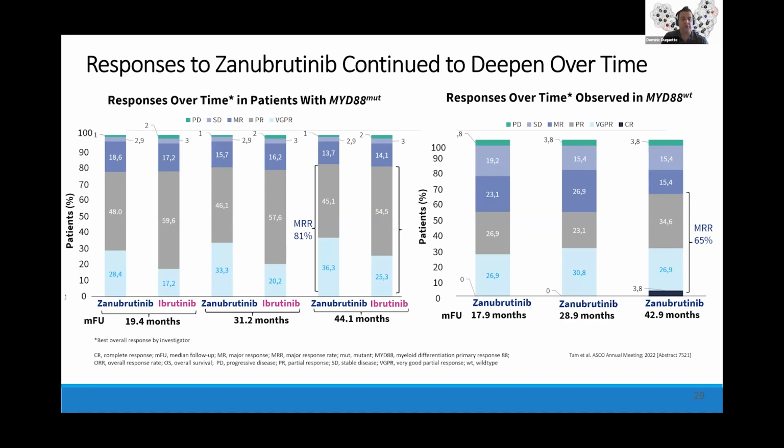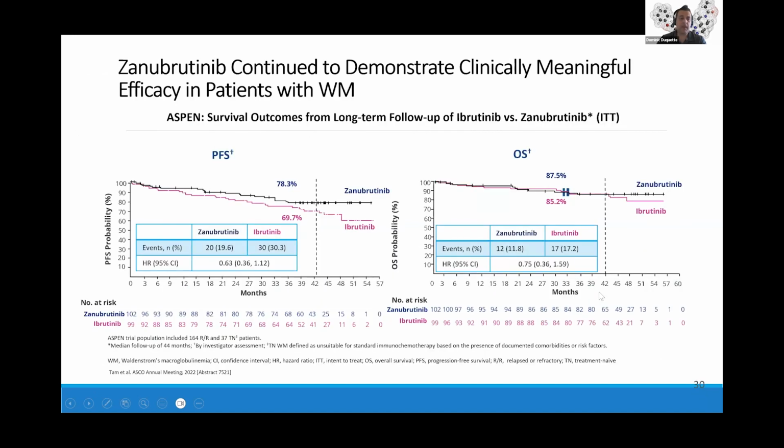Here are the results. So you can see over time, the best responses are on the bottom, and you can see that at each point, zanubrutinib did do better than ibrutinib. And even in the MYD88 wild type arm, we did have good response rates, and as I said, ibrutinib does not do well for these patients. In terms of PFS, there was a trend.